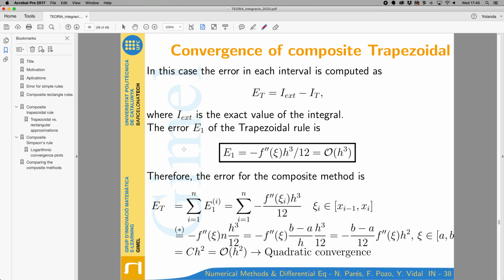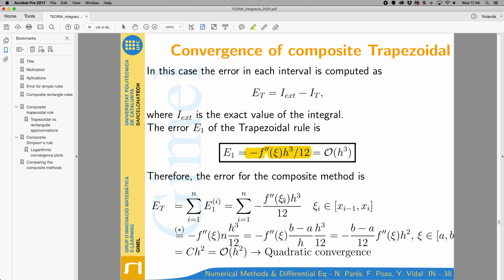Now, what about the convergence of the error? Again, let's recall the error for the simple rule. The trapezoidal simple rule had this error. Now we want to derive a formula for the composite method. So this is going to be the sum of the contributions of the simple rule method n times, because we are using the simple rule in n different subintervals.